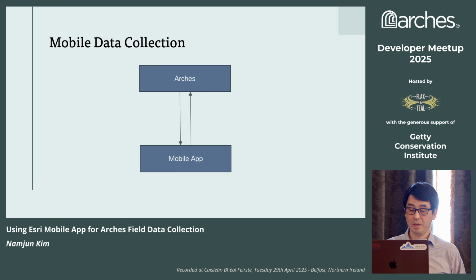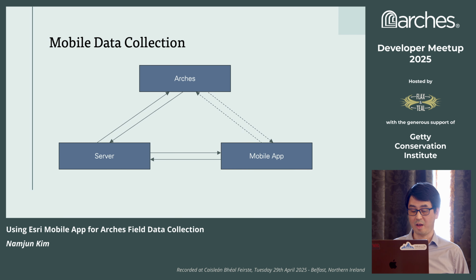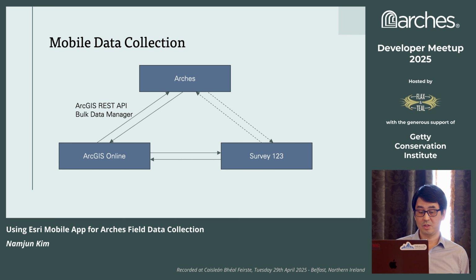So here's what we're trying to do. The idea is simple. Instead of using a dedicated app directly with Arches, we are trying to use a third-party app and its server. In this case, we are using Survey123 and ArcGIS Online.